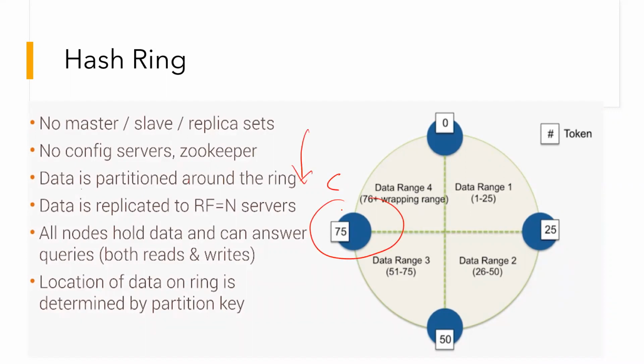But in Cassandra, when a request comes in, it goes to something called a coordinator node. Let's say this is your coordinator node where your read request is coming in, and it is asking for 25.